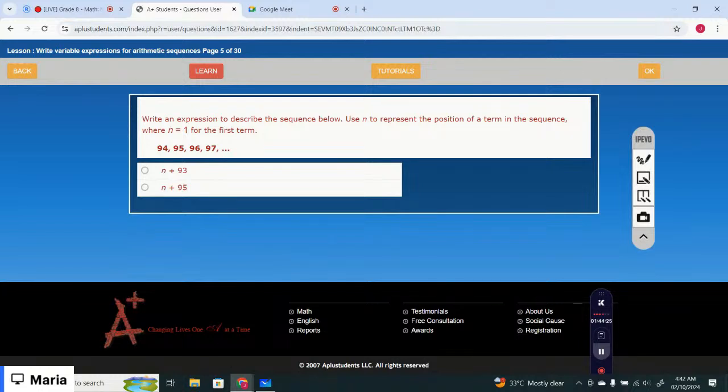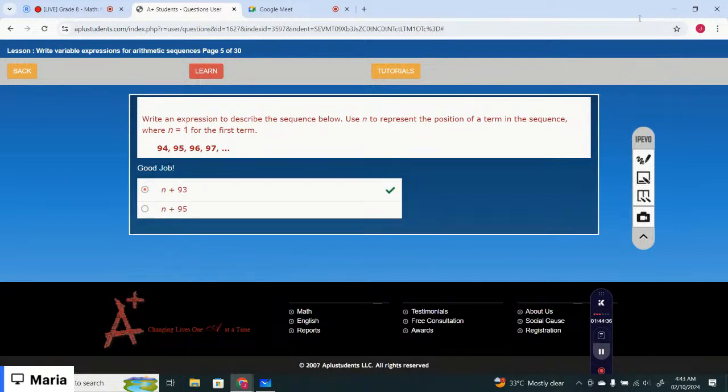That is option number 1, right? When n is 1, 1 plus 93 is 94. When n is 2, 2 plus 93 is 95. So that's option number 1.